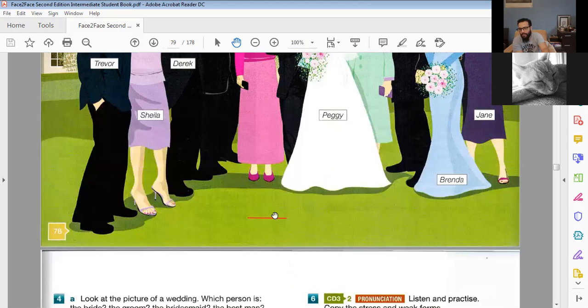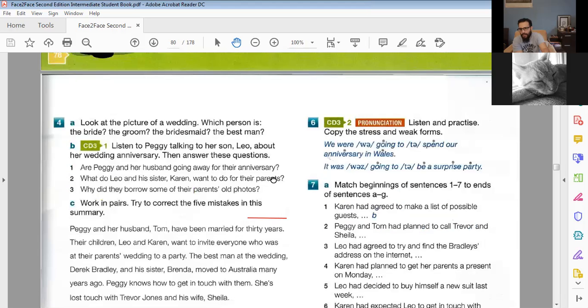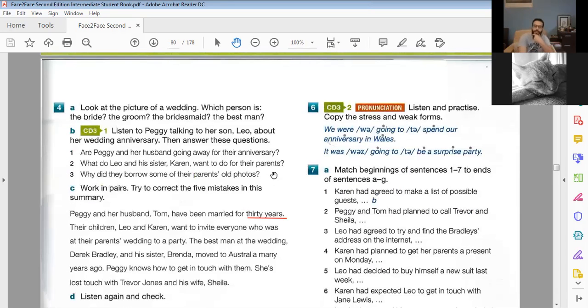But has she lost touch with her? Is that correct? No. She lost touch with 50 years ago. 50 years old.